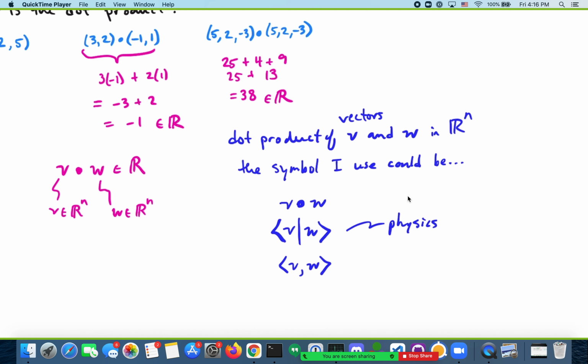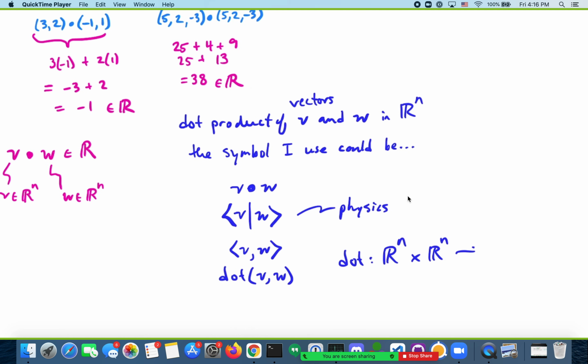In the Julia programming language, you can say dot, and then open a parenthesis, and then v comma w, and then close the parenthesis. Because really, the dot product is a map from the space of vectors cross itself to the real numbers, meaning it eats a vector and another vector. It needs two vectors, and it spits out a real number. And this real number is the dot product.